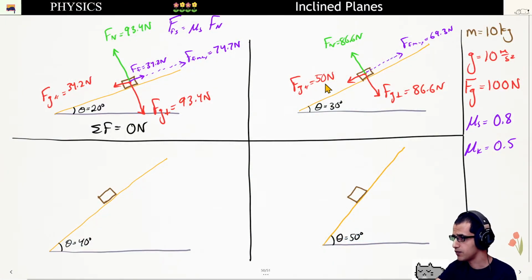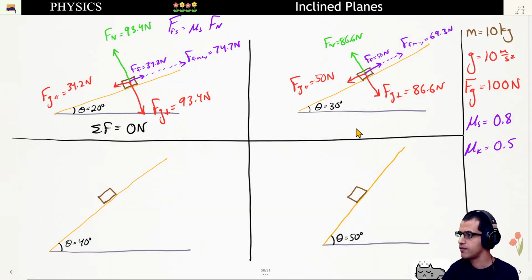So because the force of gravity parallel is less than that maximum force, I know we have enough friction to hold this block in place. So I can draw the force of friction here is currently 50 newtons. And again, we end up with a net force of 0 in this scenario.